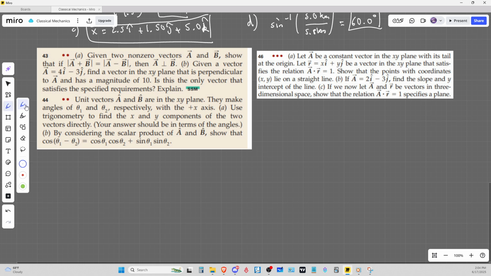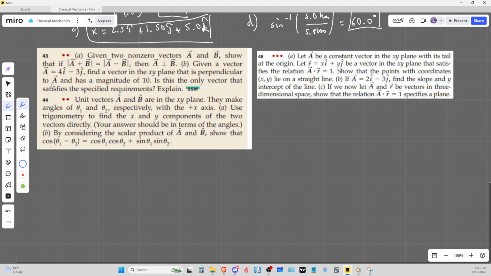Okay, so 43. Given 2 non-zero vectors a and b, show that if, I'm guessing, the magnitude of a plus b is equal to the magnitude of a minus b, then a is perpendicular to b. Given the vector, okay, so b is this totally different thing.